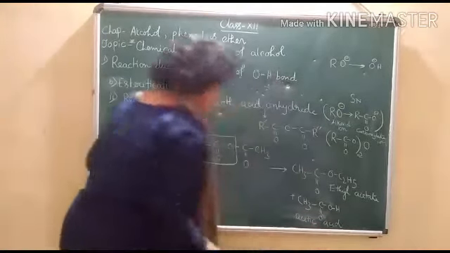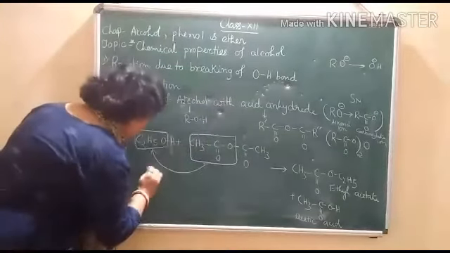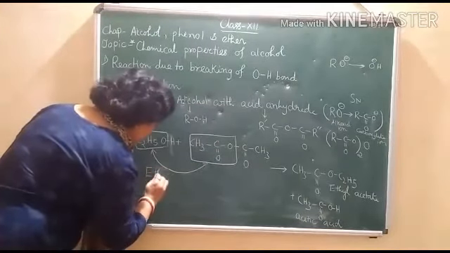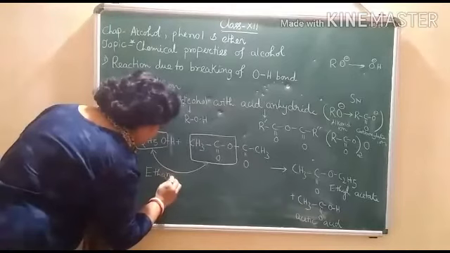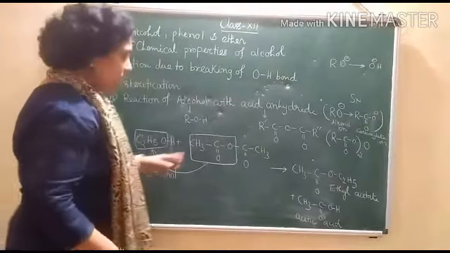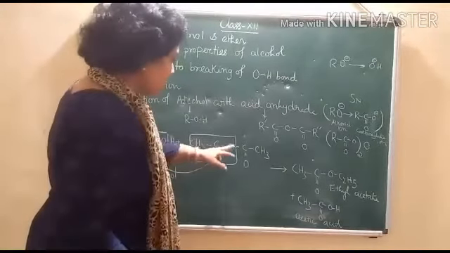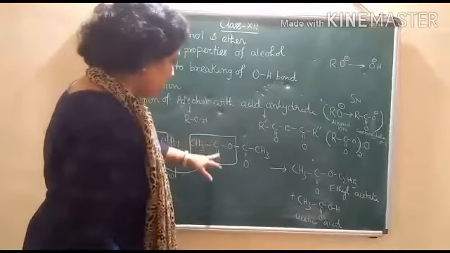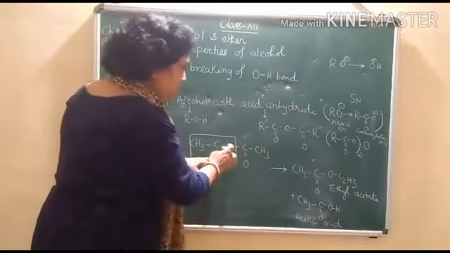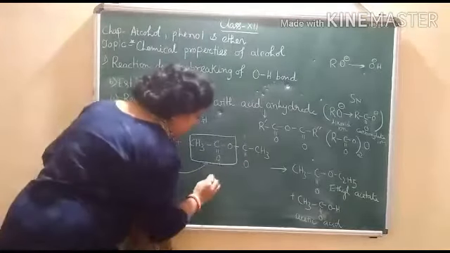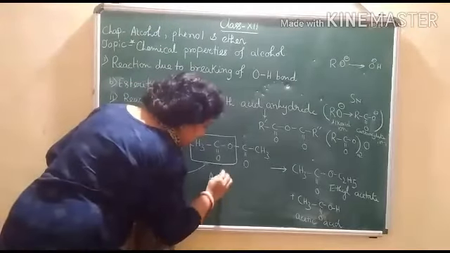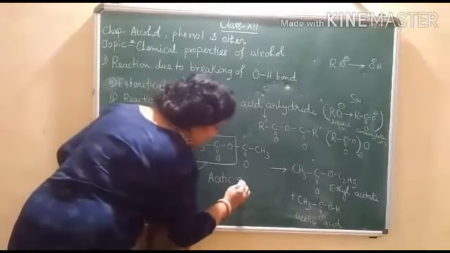Ethanol. Now what is the group? CH3CO twice with O, CH3COO twice, so it is acetic anhydride.